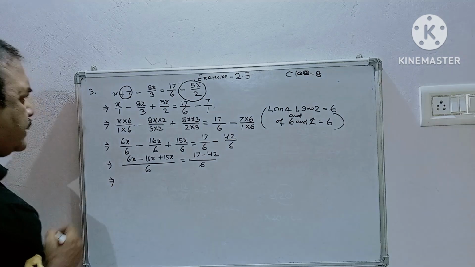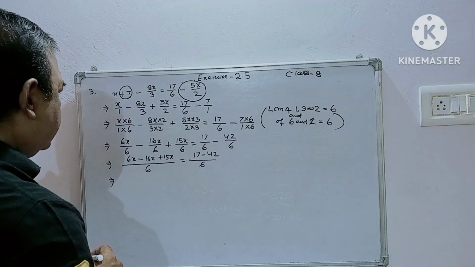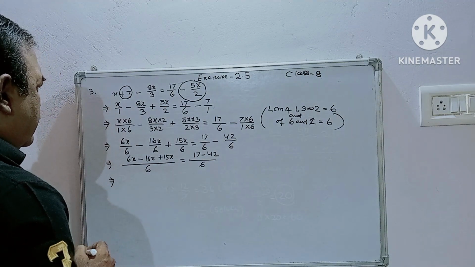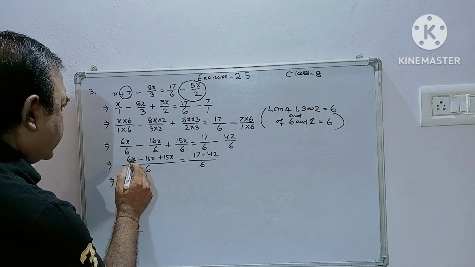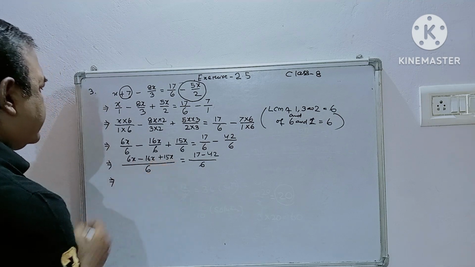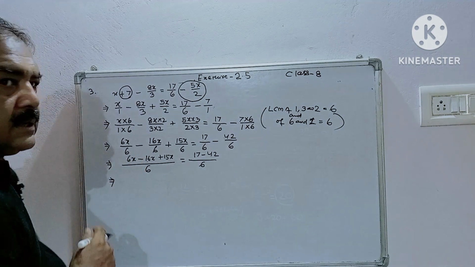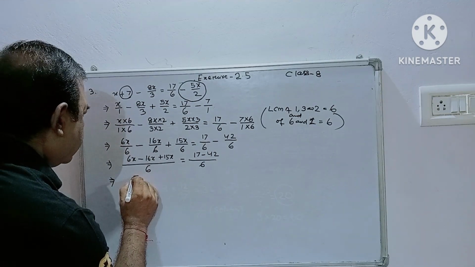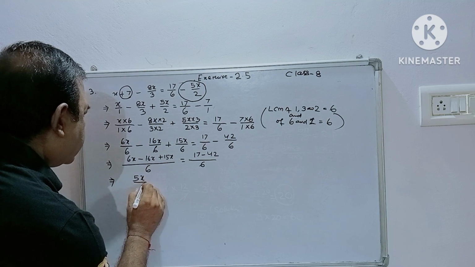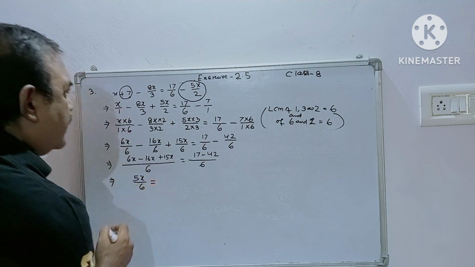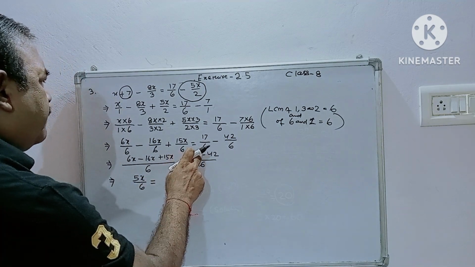That implies 6x plus 15x, that's 21x. So 21x minus 16x, that is 5x. So 5x upon 6 is equal to 17 minus 42.